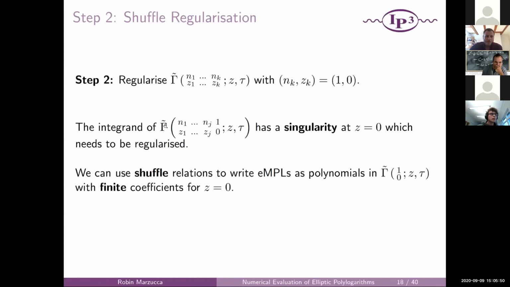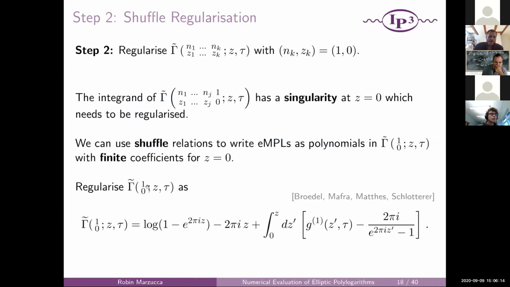We've also seen this in talks before, so we can regularize these EMPLs using shuffle relations, which means that we can write them as a polynomial in these gamma tilde 1, 0, z, tau, where all the coefficients of this polynomial are finite and well defined for z equal to 0.